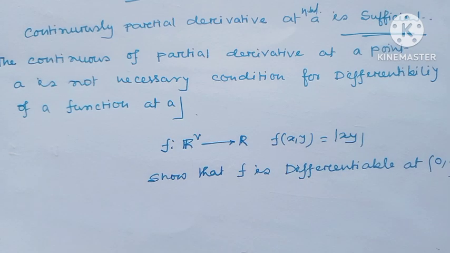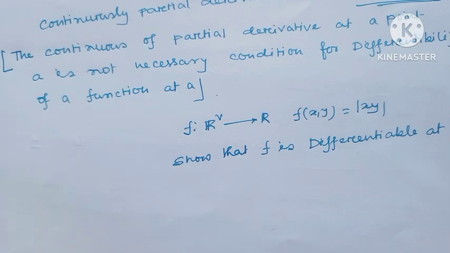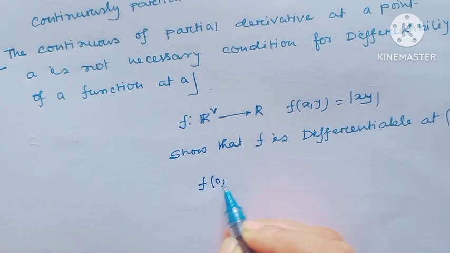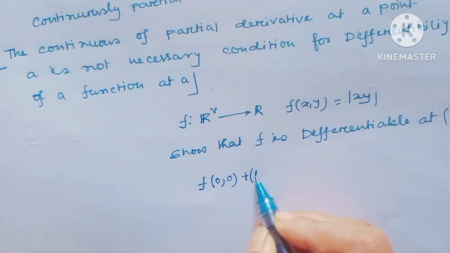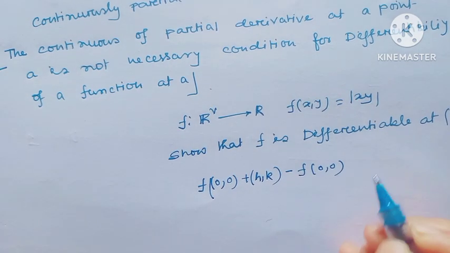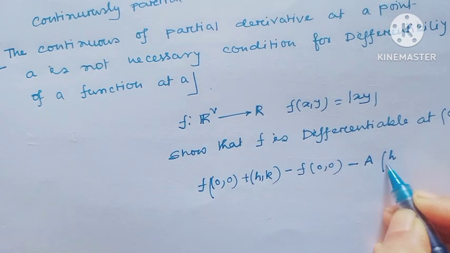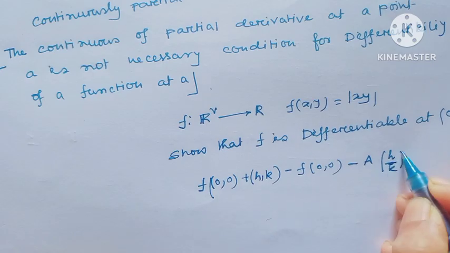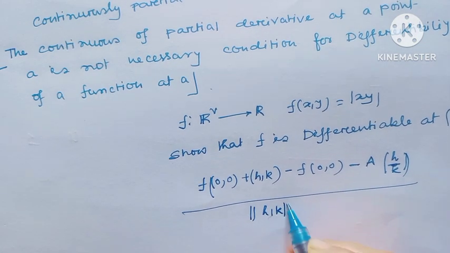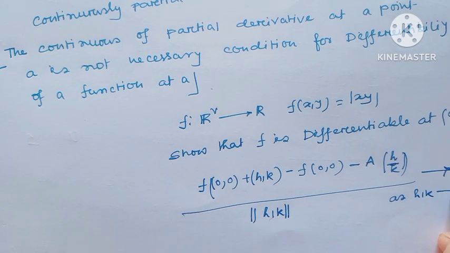That means we have to prove there exists a Jacobian matrix A such that f of (0, 0) plus (h, k) minus f of (0, 0) minus A(h, k), divided by the norm of (h, k), tends to 0 as (h, k) tends to 0. We have to prove this.